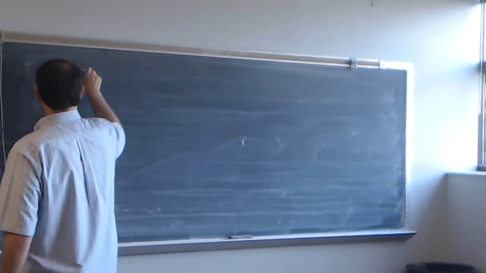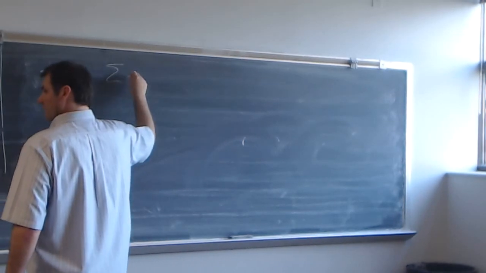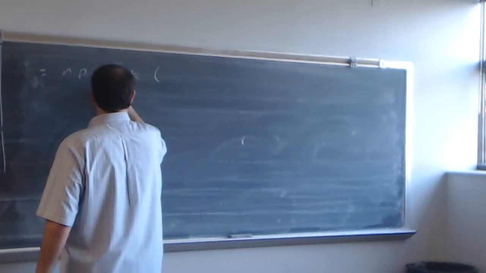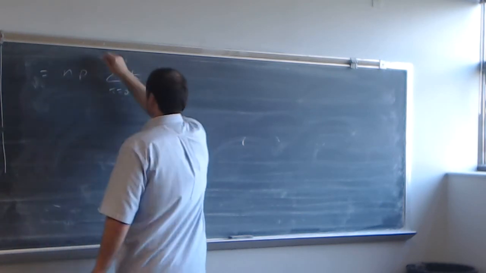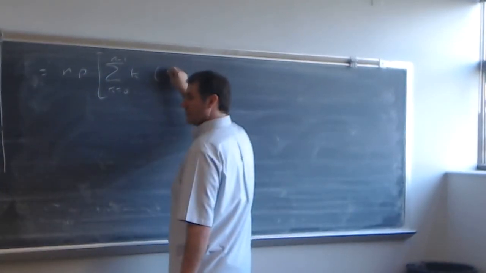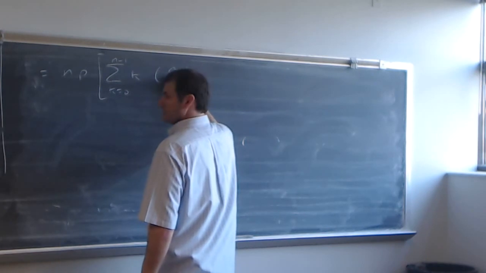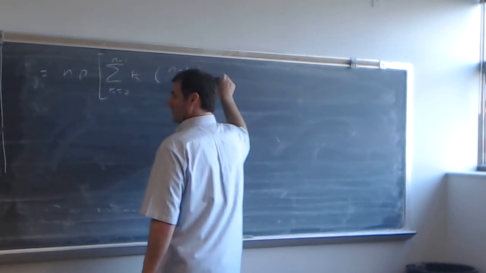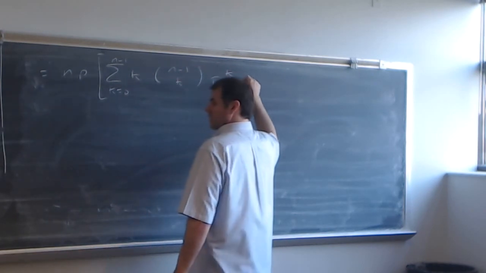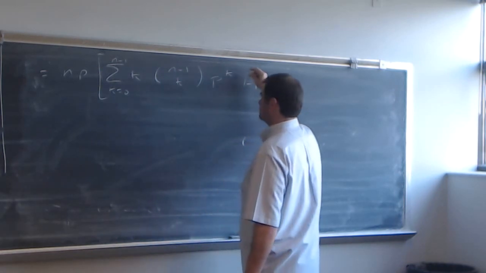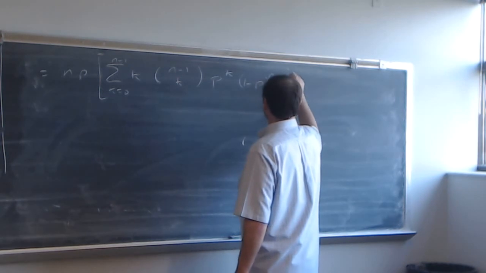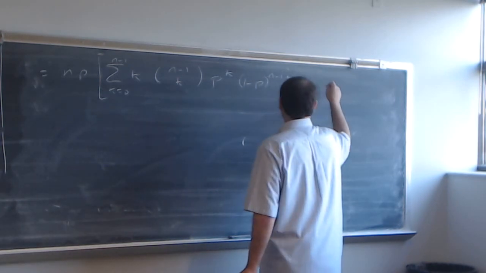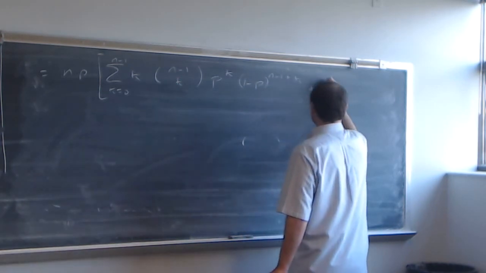Okay, so it's n times p times the sum, and then it will be k times, let's take 1 from 0, raised to n minus 1. And then this is n minus 1 choose k, p to the k, 1 minus p raised to n minus 1 plus k, plus, well, I'm going to rewrite it as another sum.